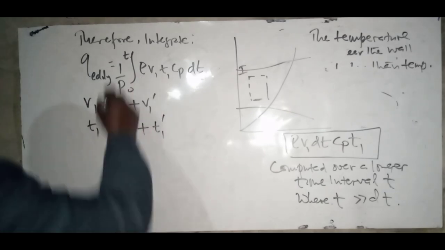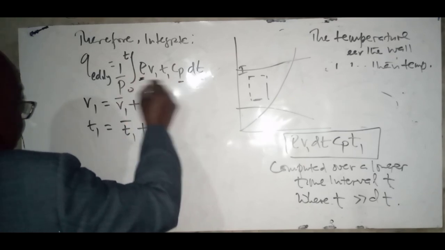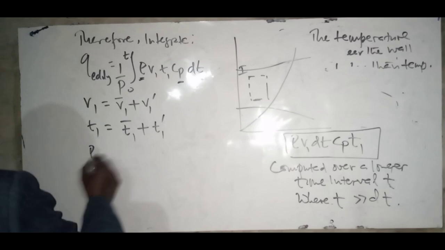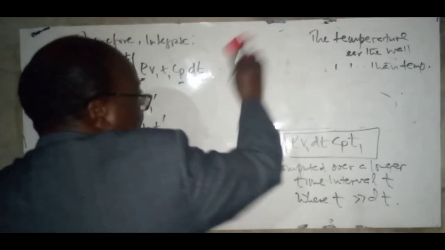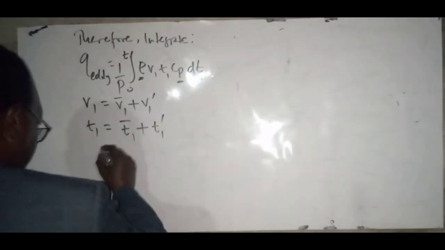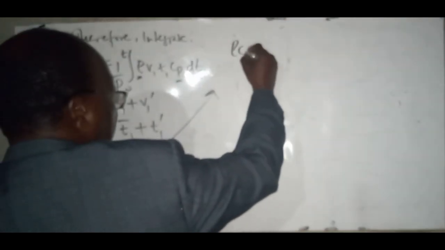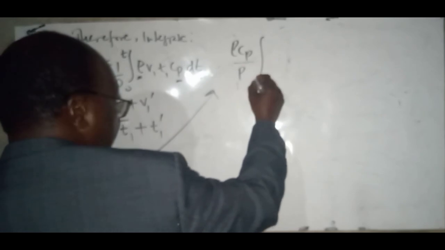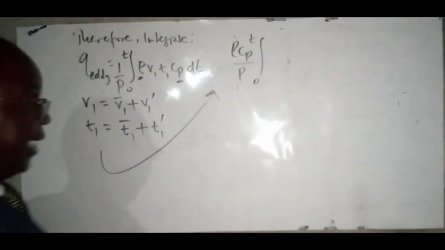So if we put this in the expression, we can remove rho, that is density, and the isobaric heat capacity outside. So we have rho Cp over T, the integral from 0 to T. We put in the values for V1 and T1.